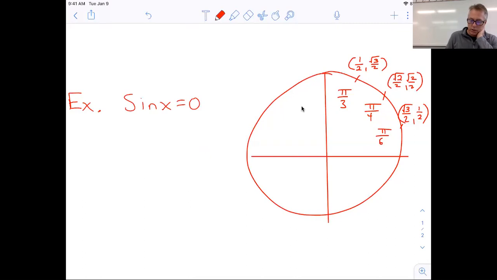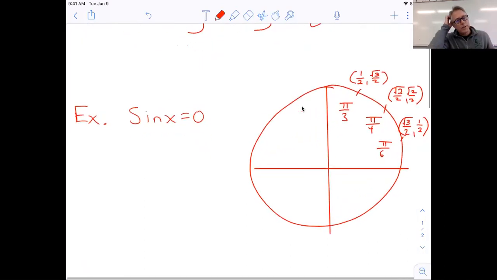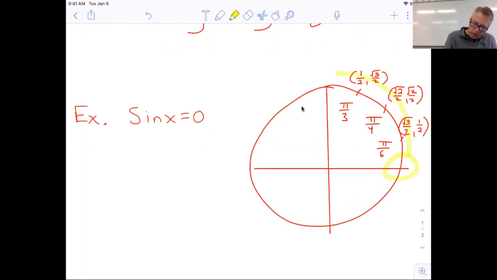Now this question is asking, when is the sine, which is the y value, equal to 0? So thinking on the unit circle, the y value is 0 here, and then the y value is 1 up there, but it's also 0 down here. So the y value is equal to 0 in those two places, here and here.